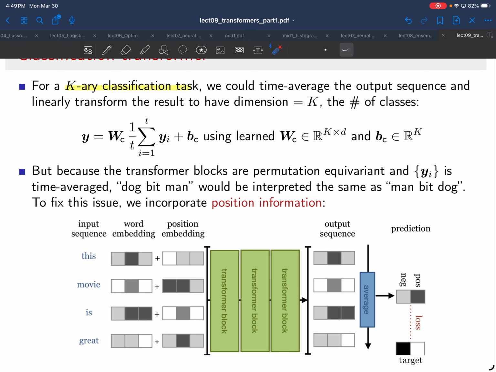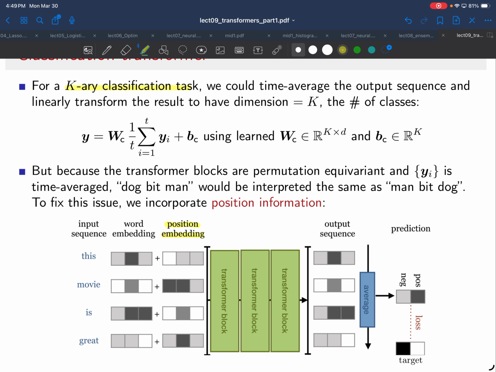So what if instead I put in man bit dog? Now I would get man bit dog, but I average them, so I would get the exact same thing. So the classifier is not going to be able to determine the difference between dog bit man or man bit dog, which, as we know, are very different things. So you need to add one more thing in the transformer usually, which is position embedding.